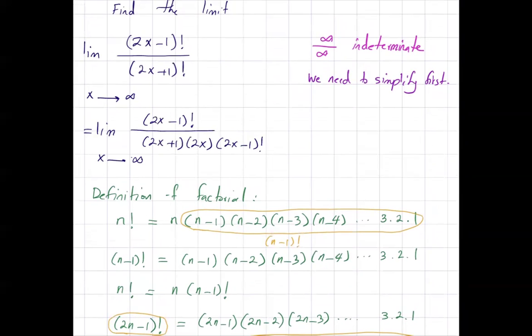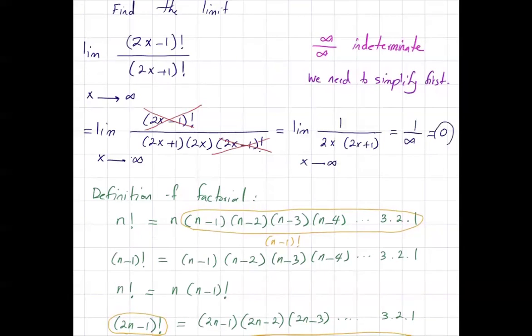You see that I have a common factor. (2x minus 1) factorial is repeated. So basically, you can cancel out (2x minus 1) factorial and (2x minus 1) factorial. This is simplified into the limit of 1 divided by 2x times (2x plus 1) as x goes to infinity, but this is 1 over infinity or 0.